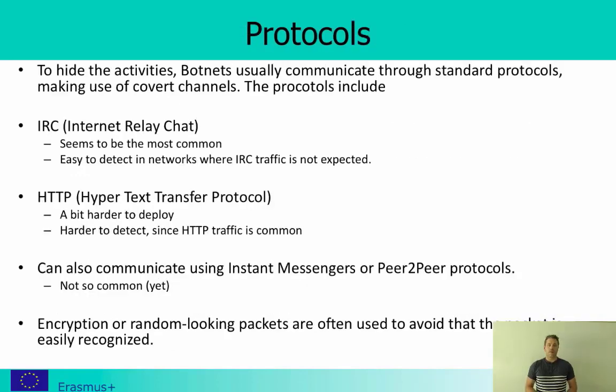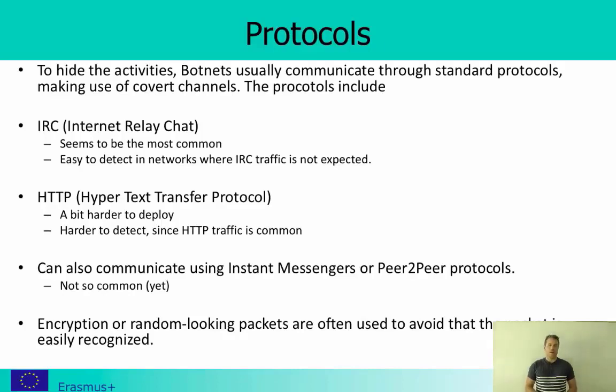It's also important to notice that different kinds of protocols are used to hide the activities. Standard protocols include IRC and HTTP, which we use for web traffic, and recently we are also seeing an increase in the use of instant messenger and other peer-to-peer protocols.